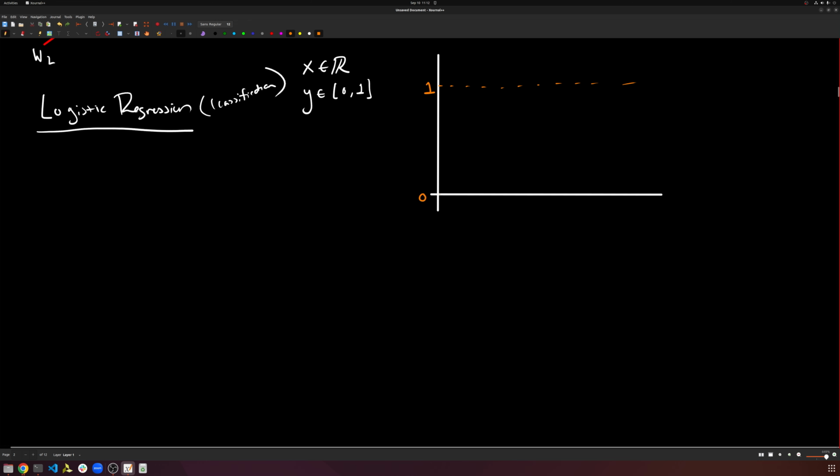Let's pretend for these values of x, it's 0. And for these values of x, it's 1. So for these values of x, we predicted 0. For these values of x, we predict it's 1. Or we don't predict, but that's what the data is, right?